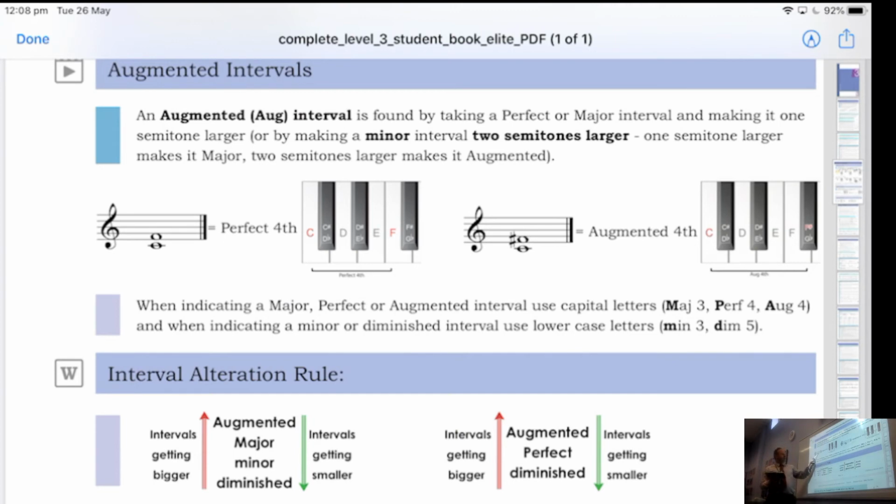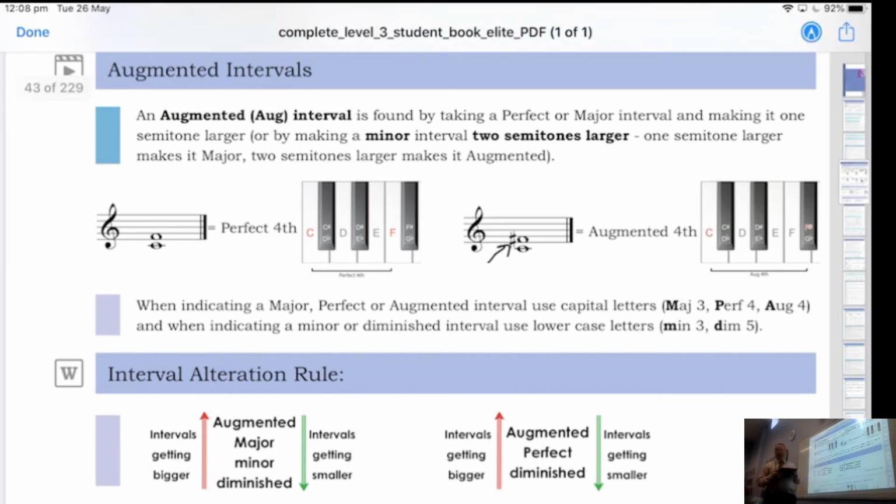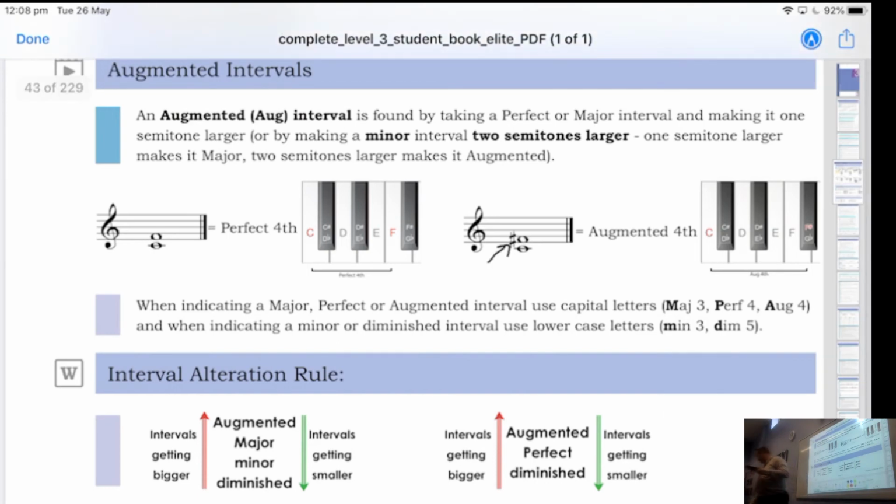Let's have a look at this perfect fourth right here. C to F. That's our perfect fourth. We are recording, so I won't sing the song that usually goes with that one. But yes, so there's the perfect fourth. And if we raise the top note, does that make the interval bigger?